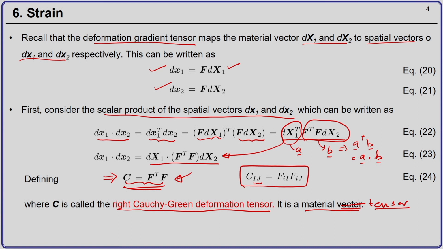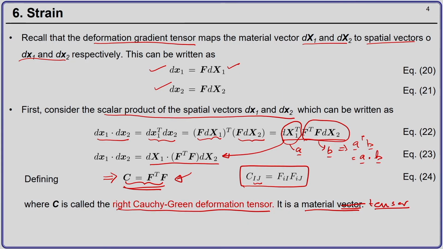That is the convention we follow: indices pertaining to the initial configuration are written in uppercase, and indices pertaining to the spatial or current configuration are written in lowercase. So F transpose is nothing but F iI, and then F is F iJ.